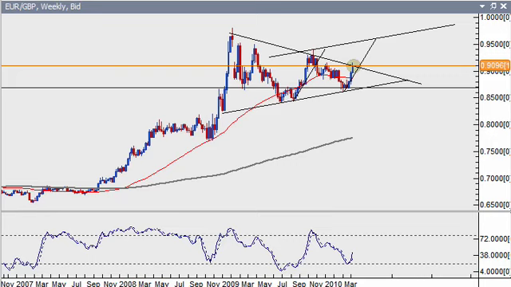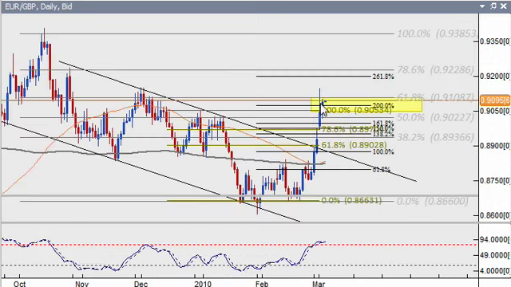So again, looking back at the daily, we are testing that 0.91 area right now, and we may have a retracement if the market is not able to break through. We might have some correction back down here in the previous power line here at the 0.8950 area, 0.89 area, and then if it bottoms there, then the next swing will likely break.